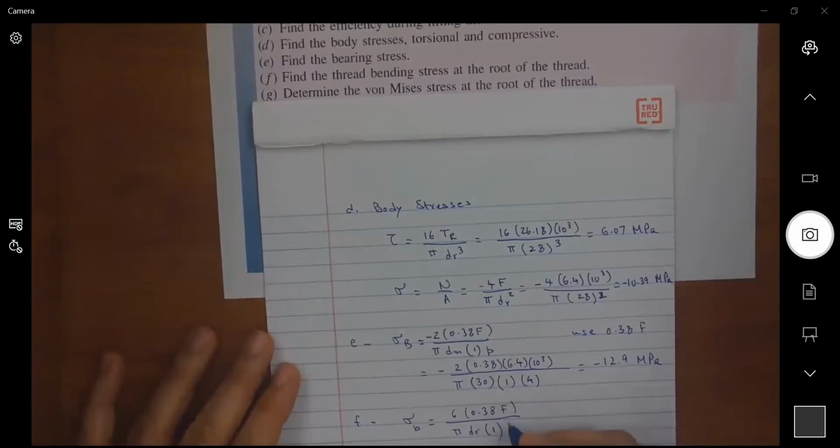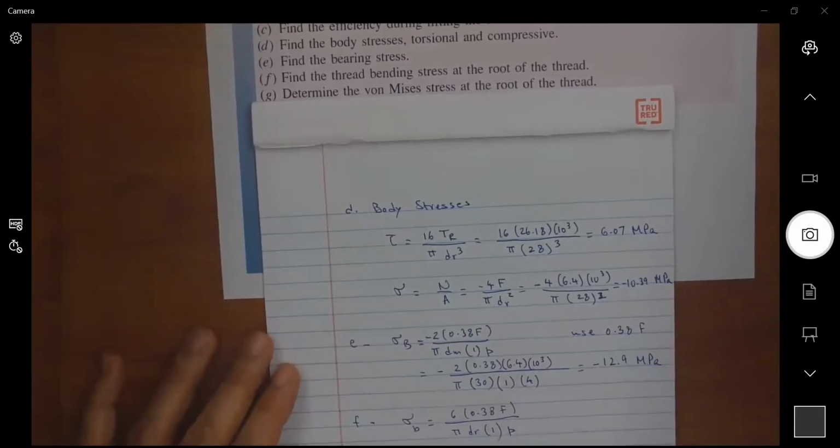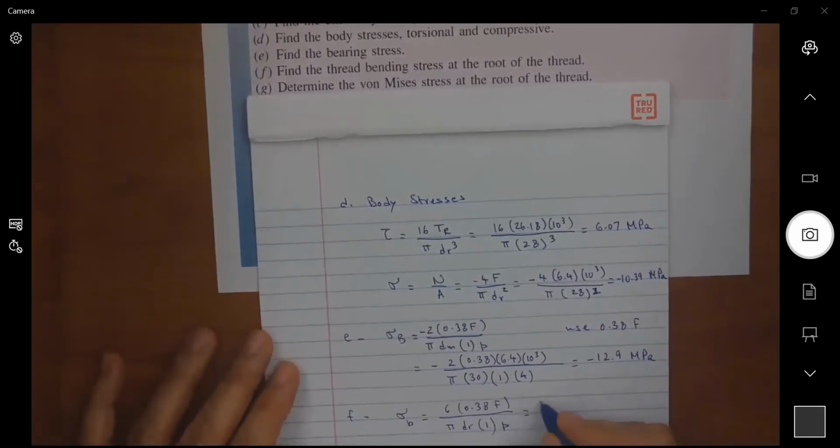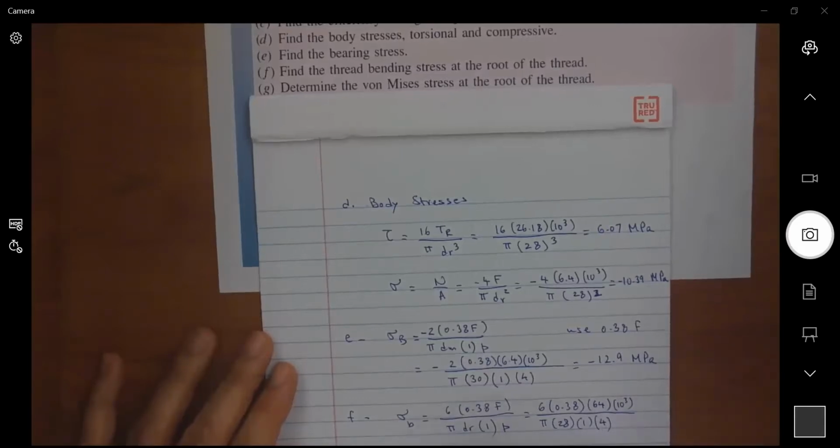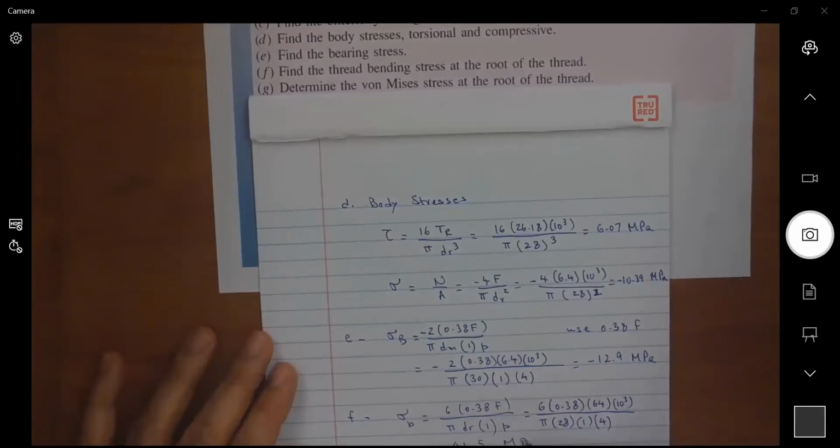I'm going to use a 1 multiplied by p. This is equal to 6 times 0.38 multiplied by 6.4 times 10 to the power 3 divided by pi dr, which is 28. I have my 1 and the pitch is 4. When I do the numbers, I get sigma b equal to 41.5 megapascal.